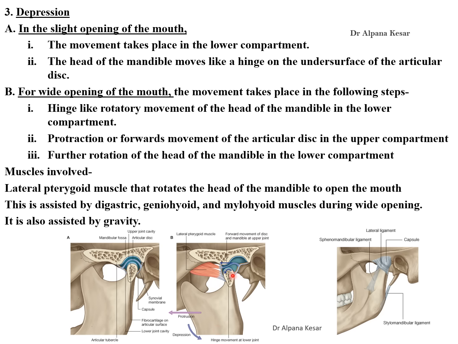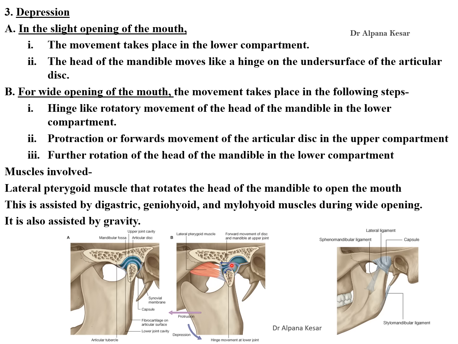Further rotation of the head of the mandible cannot take place. The movement is restricted by the articular tubercle of the temporal bone. So, to remove this restriction, the head of the mandible glides forwards.